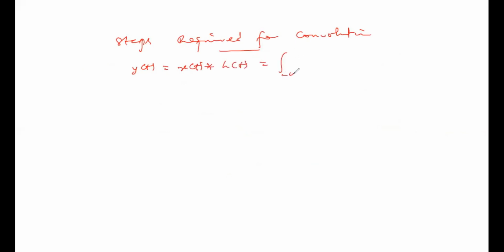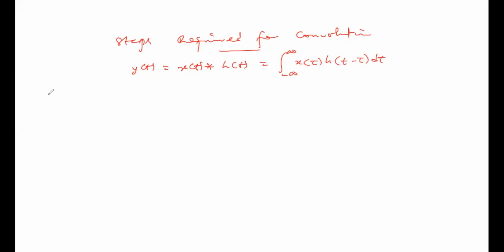So as you already know, Y of T is the same as S of T convolved with H of T, which is the same as the integral from negative infinity to positive infinity of S of tau, H of T minus tau d tau.